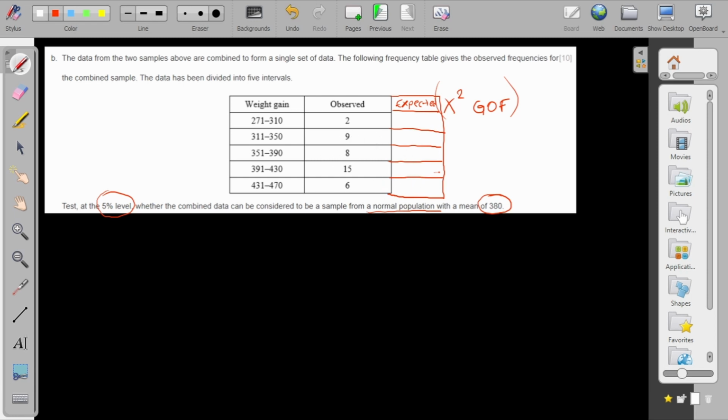How will I calculate that? If it comes from a normal population, it means that it should follow a normal distribution with a mean of 380, the normal distribution with mu, comma, sigma.